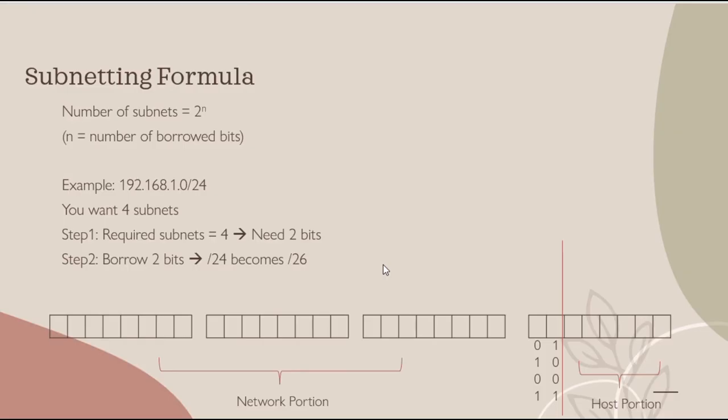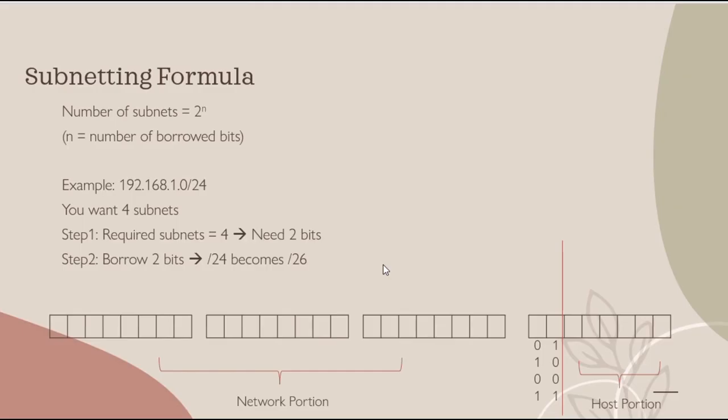So take the formula 2 power n. Which number will be placed in n? 2 power 2 will give 4, so 2 will be placed in the power, which means I need to borrow 2 bits.